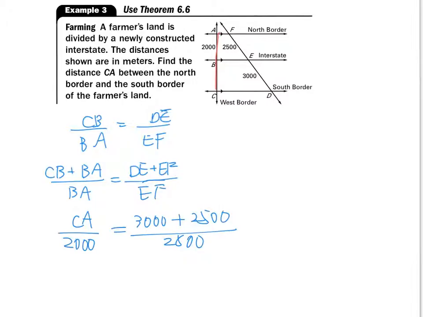And then if I do my arithmetic, cross multiply, you should do it on your calculator, you should come up with CA is 4400. So therefore the distance between the north border and the south border, the length of CA, is 4400 meters.